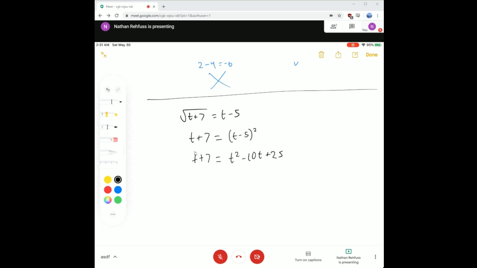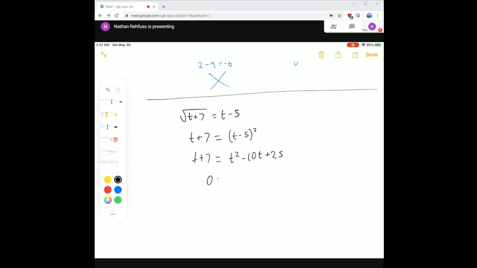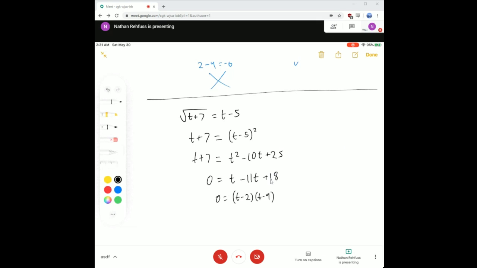This minus should have been a plus. So I'm going to subtract t from each side, and then subtract 7 from each side, and this equation is solvable. This is t minus 2 times t minus 9. Much better. No, this is a plus 18, and that's how that works.